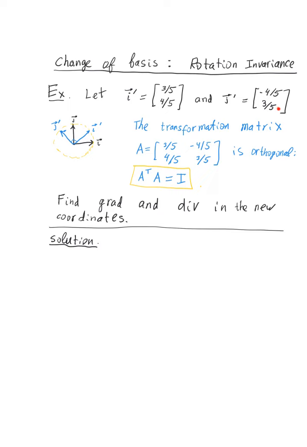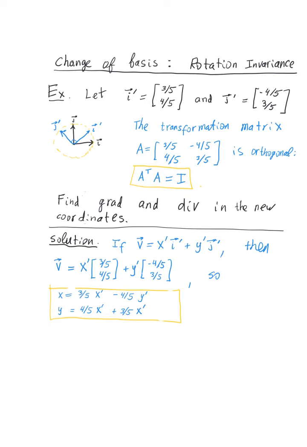These two columns are orthogonal and the two vectors have length 1. So the corresponding transformation is actually given by an orthogonal matrix: A transpose A is identity. So let's try to find the gradient and divergence in the new coordinates.